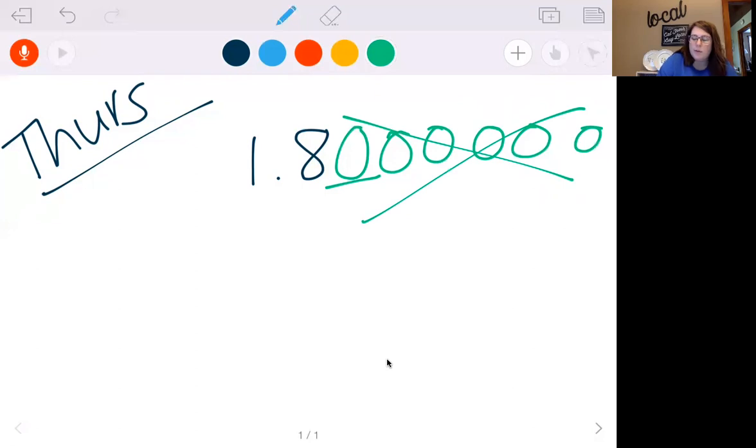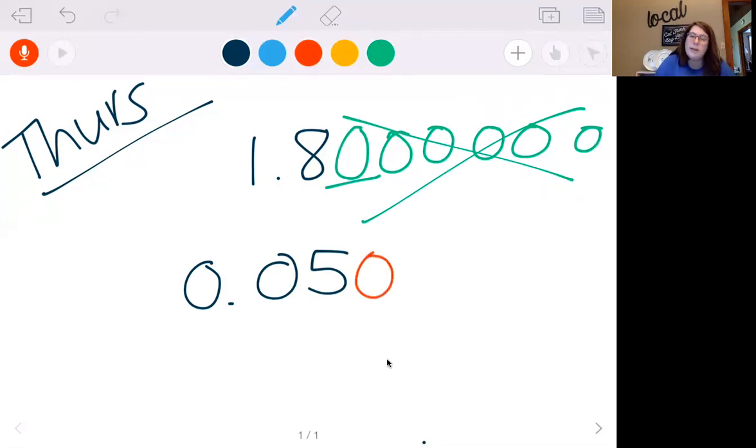So same for this one. They might give you 0.05. We read that as 5 hundredths. All you have to do to make that an equivalent decimal is put a 0 at the end. That's it. There's no kind of math you have to do or any of that. If they give you one like this, and you want to make it equivalent, you can do that in 2 ways.